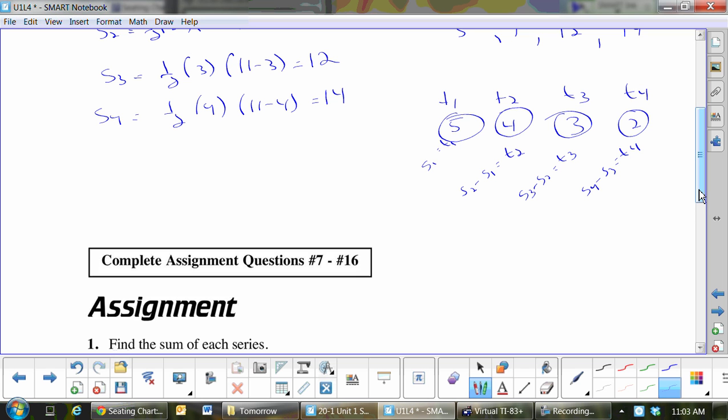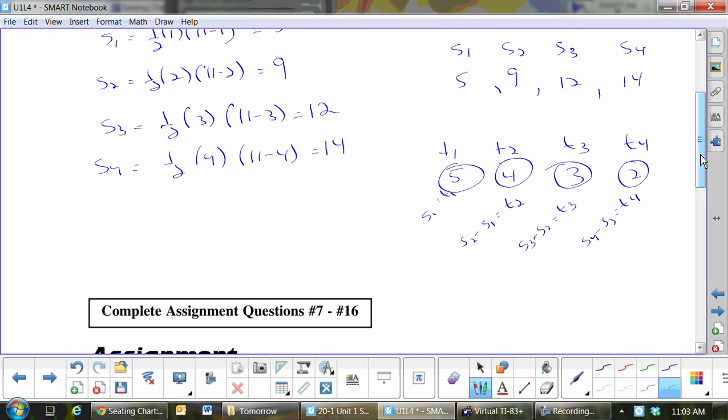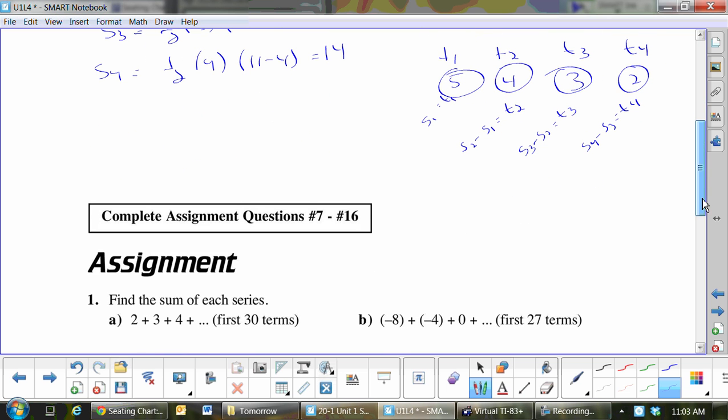If I gave you all the series like this, what's the general formula to find any term in a series? Look at the 3 formulas up there.